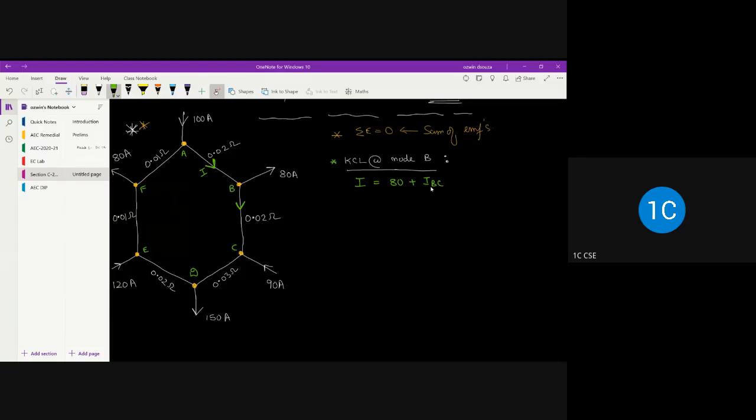I want to keep current IBC in terms of I and the known current. So IBC is equal to I minus 80. Let's just highlight this particular equation. So what is the description of current that flows from node B to C? It is I minus 80. So let's write this as I minus 80.